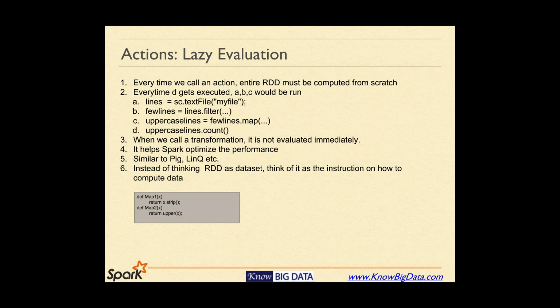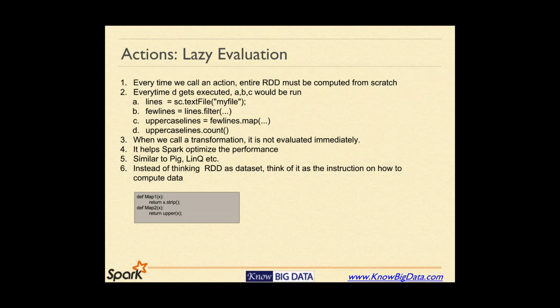Once we are done with all of the transformations, we call an action, and this action causes all of the preceding, dependent transformations to execute. So every time we call an action, the entire RDD must be computed from scratch.